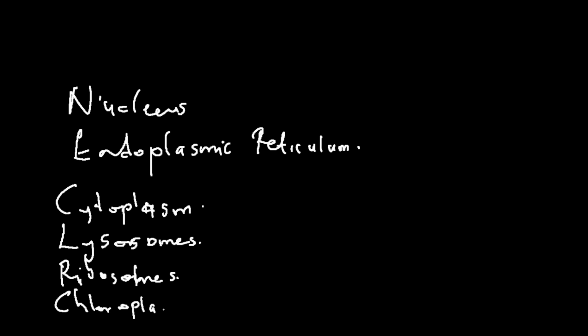The chloroplast is very specific to a particular type of cell, which is the plant cell. In the plant cell, we have a particular component called the chloroplast. The chloroplast is responsible for the plants having their green coloration.